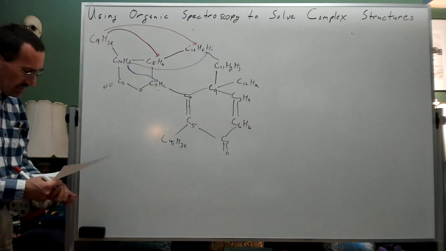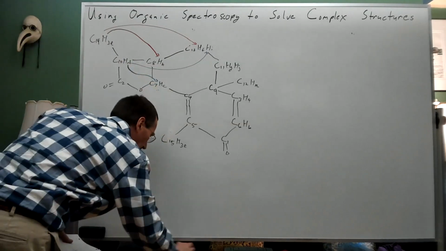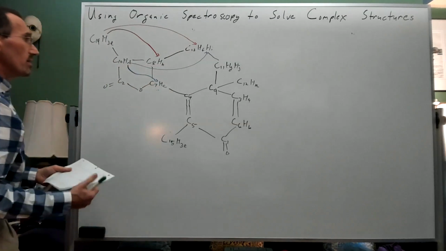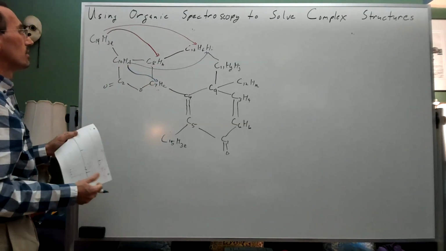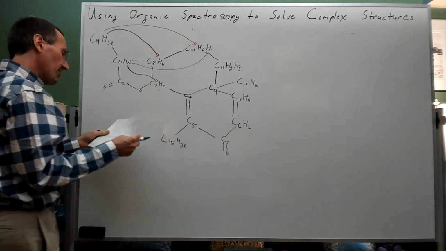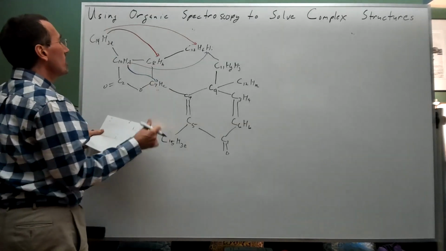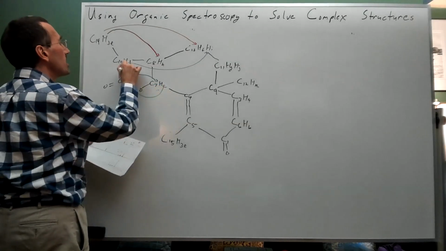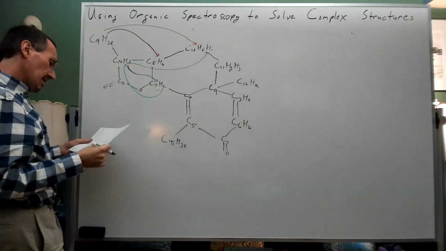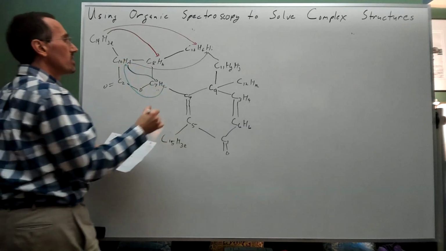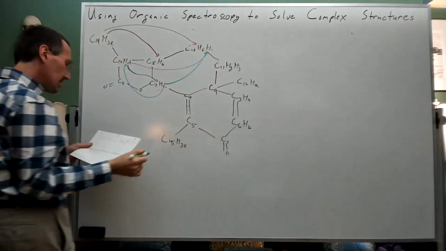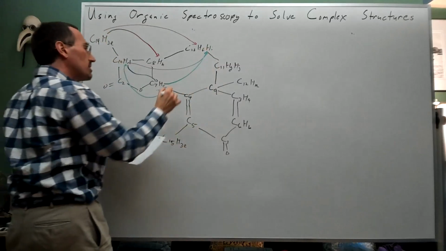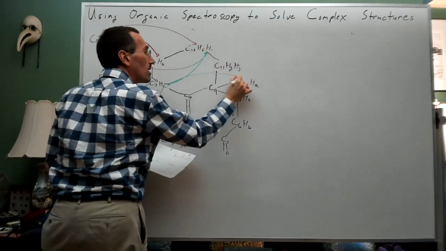And then the last experiment, we irradiate 7C, and now we see an NOE back to 10D. We see an NOE to 13I, and we see an NOE to 12K.